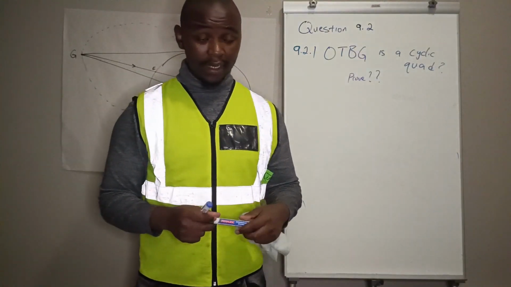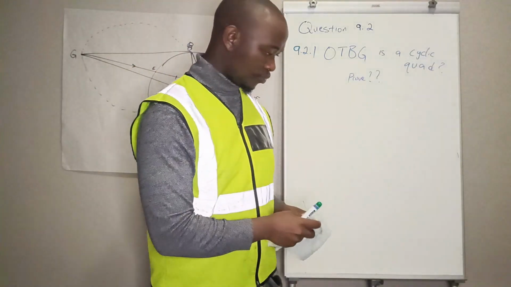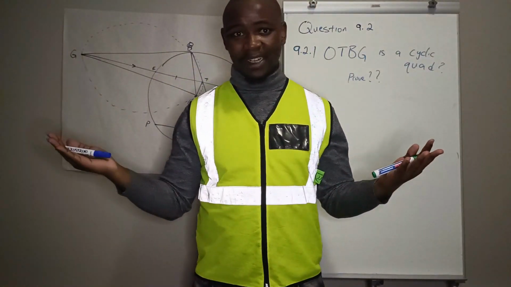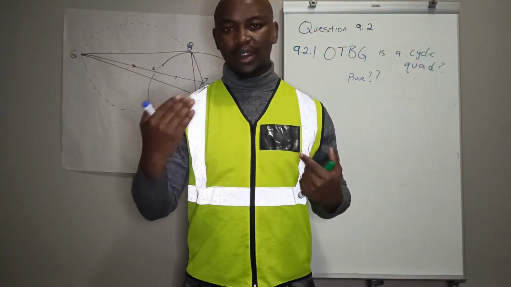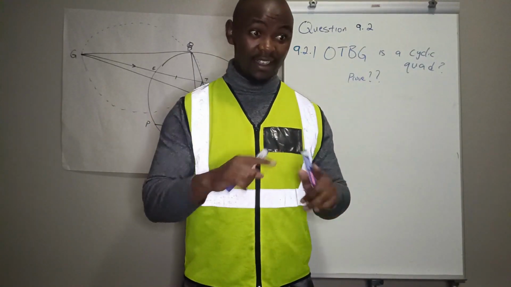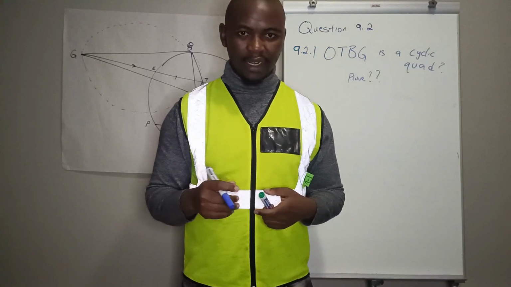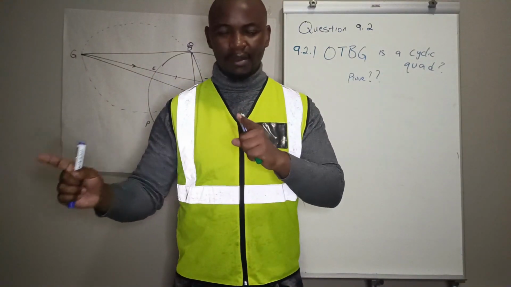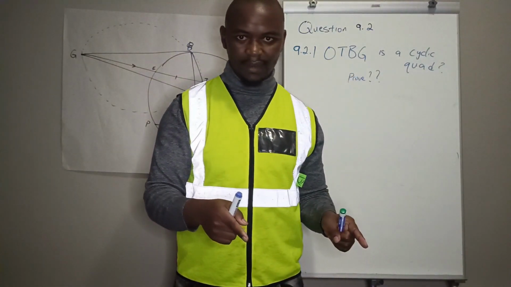What is a cyclic quad? There are two things here. We are being told that there's a cyclic and then there's a quadrilateral. A quadrilateral is a shape that has four sides. We all know that. There is a triangle, three sides, a quadrilateral, four sides. But when we talk of a cyclic quad, it means that this quadrilateral must fall in a circle.